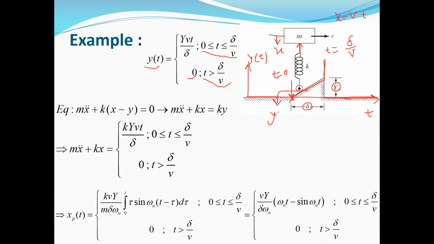So the force in this spring is equal to k times (x minus y) or k times (y minus x). It depends on the direction of your force.